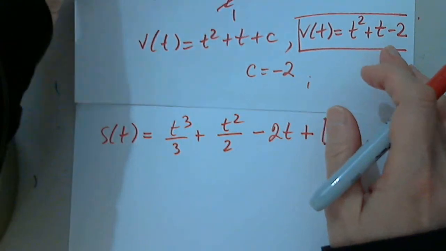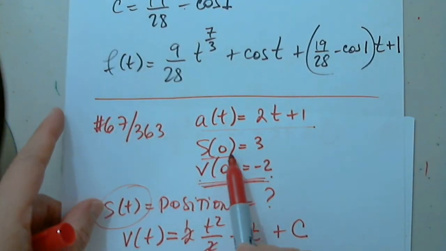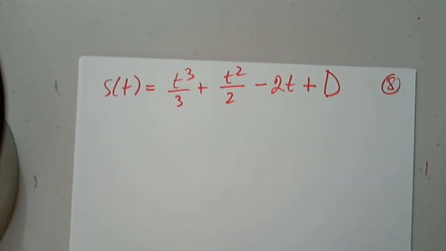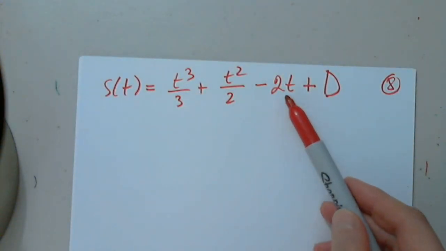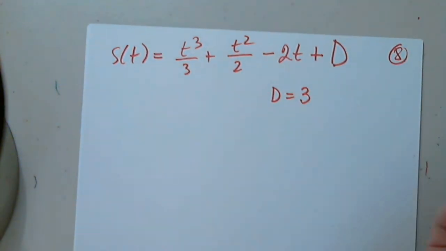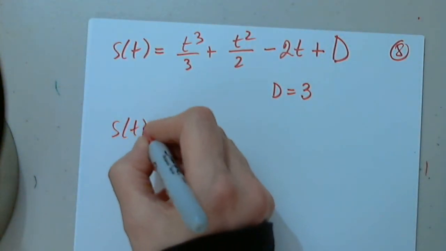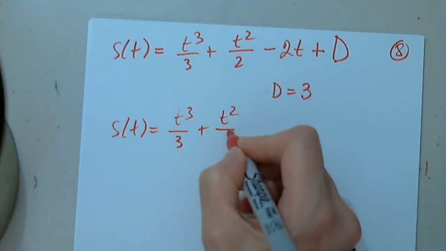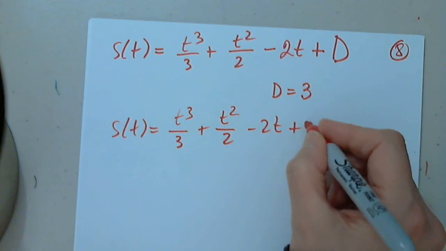We are given a piece of information that s of 0 is 3. So 0 plus 0 plus d must equal 3. So d equals 3. So we found the distance formula: t to the third over 3 plus t squared over 2 minus 2t plus 3.